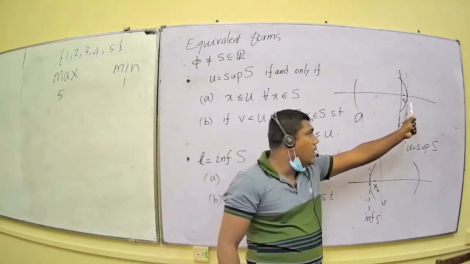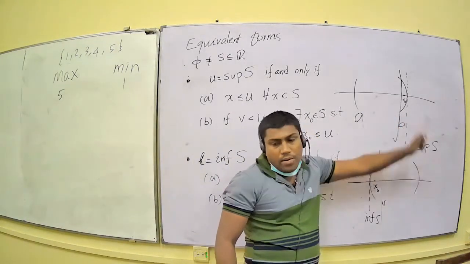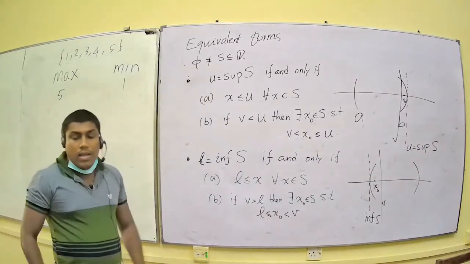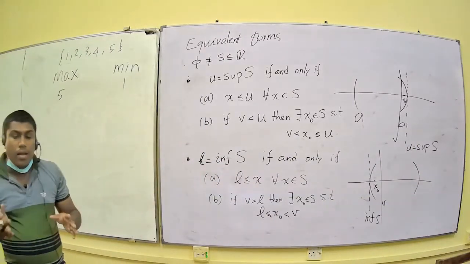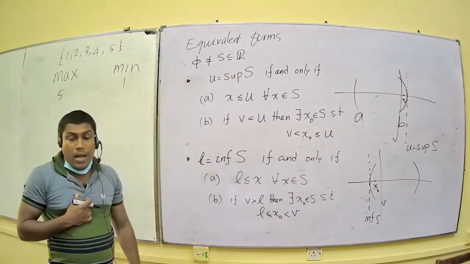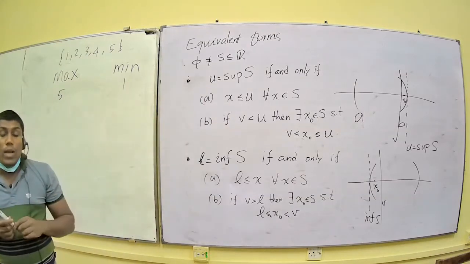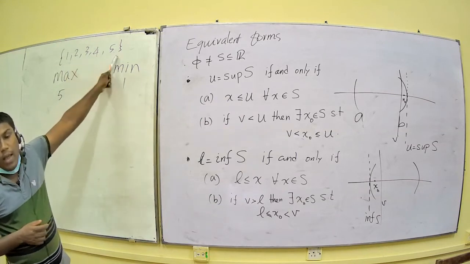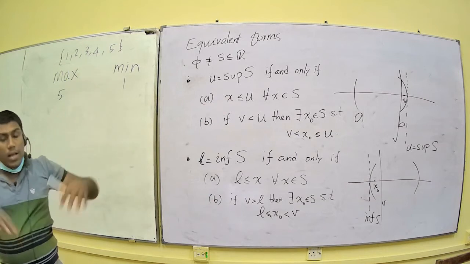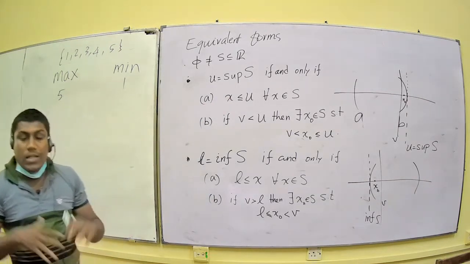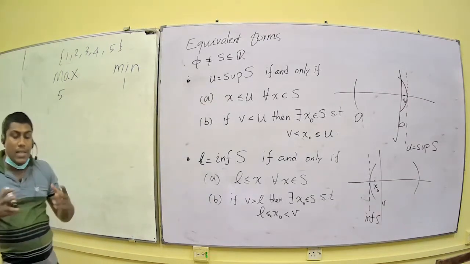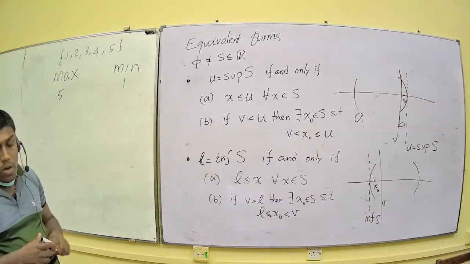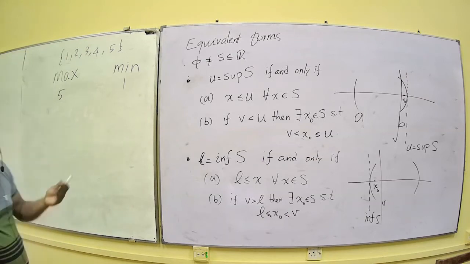Because you can see in this example, your supremum is outside the set. It is an open interval. Your supremum is the end point, and in an open interval you don't include the end points. Here it is a closed interval, 1 and 5 are there, so in this case the supremum is inside the set. So it is not necessary that the supremum and the maximum are the same or exist.